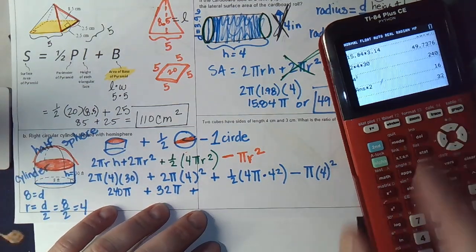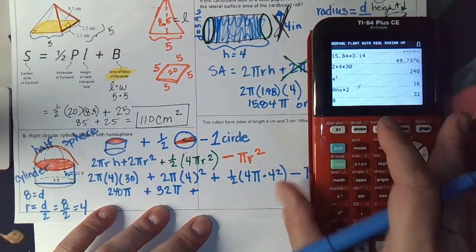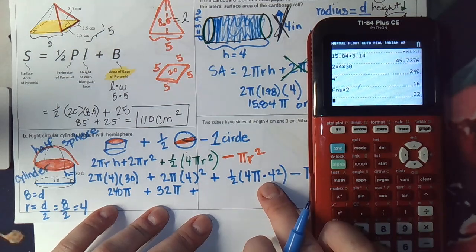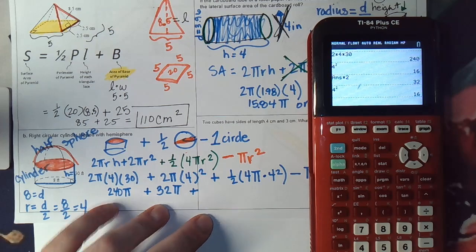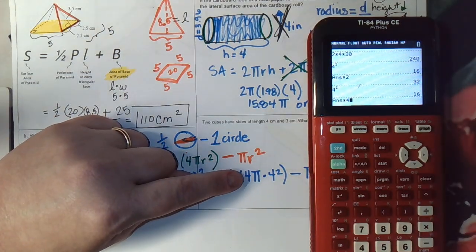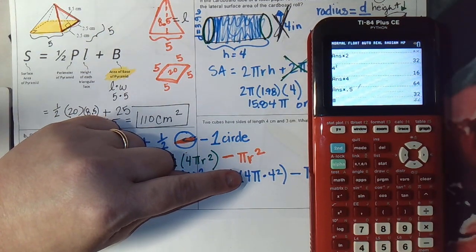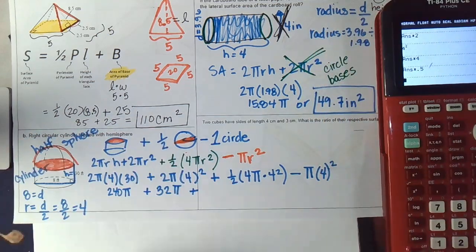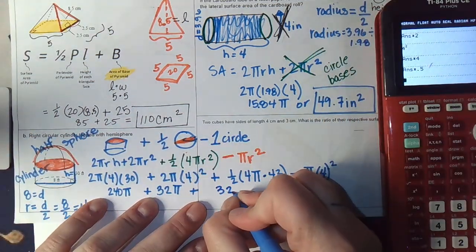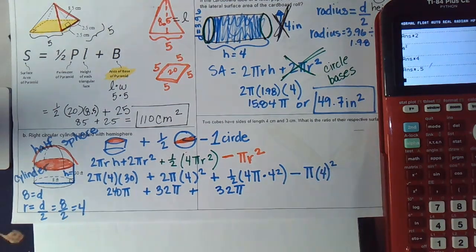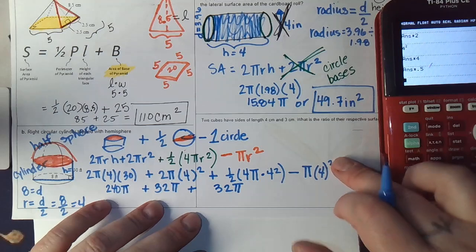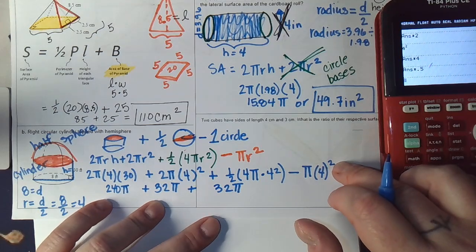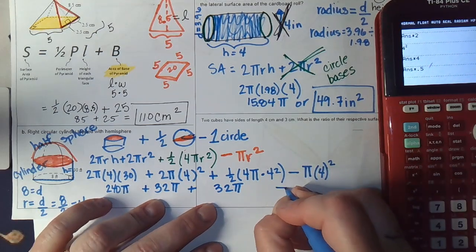So let's multiply our numbers together. PE, you got to do the exponent first before you do anything else. So 4 squared times this 4 times 0.5. Hey, I got 32. Okay, now this last sucker. 4 squared is 16. Slap a pi on it. Minus 16.